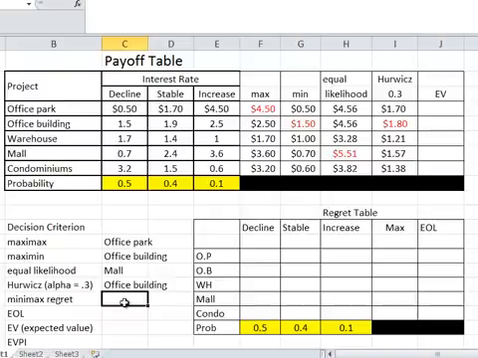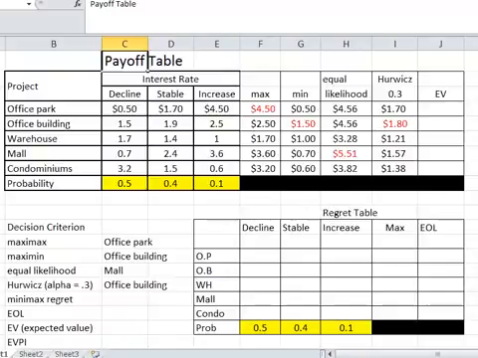Next, we're going to discuss the minimax regret decision rule. This is probably the most difficult and complicated one among those decision criteria. Before we can do anything, we're going to create something we call a regret table, which will be based on the payoff table we had at the beginning.